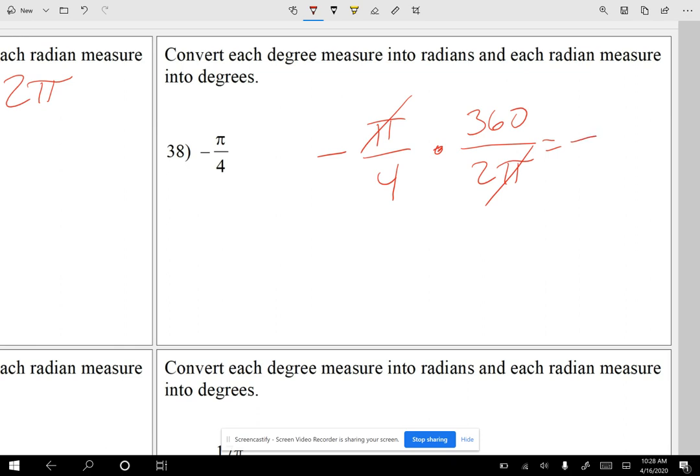I have the negative side, 360 over 8, technically. I simplify a fraction, multiply a fraction, however you know how to simplify. I'm going to say, well, 360 and 8. Let me divide each by 8. Right, 360 divided by 8, what's that, 45? So my measurement here is negative 45 degrees.